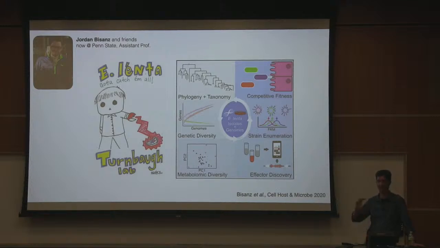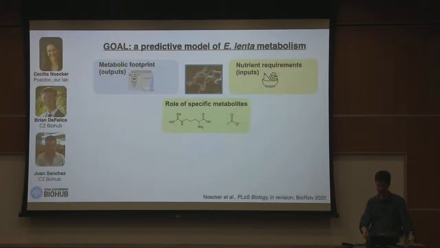But we were really limited in that initial metabolomics data set, in terms of how many features we could identify and the data quality. That motivated Cecilia, a current postdoc in the lab, to dig deeper using better methods. All of the data I'm going to show you today was done in close collaboration with Brian D. Felice and Juan Sanchez, who are two really amazing mass spectrometrists at the CZ Biohub.